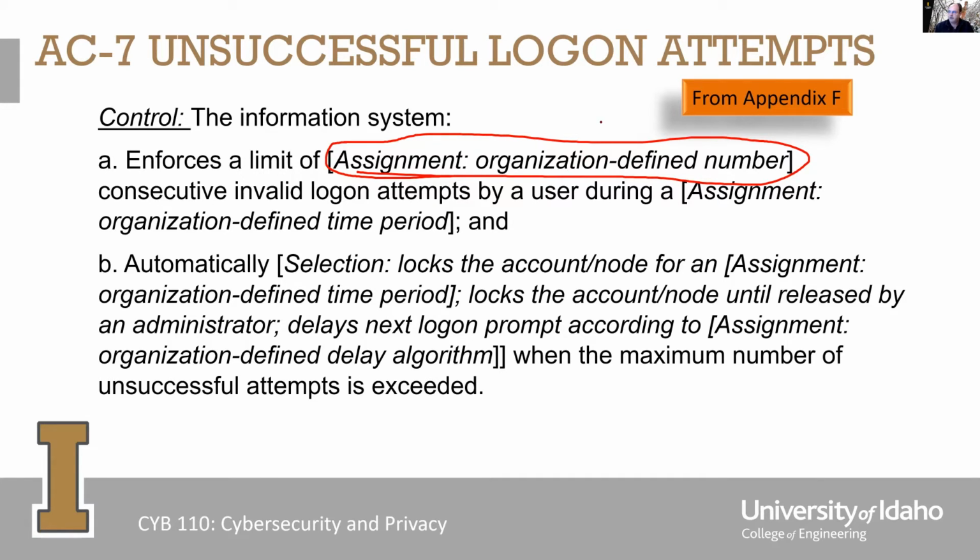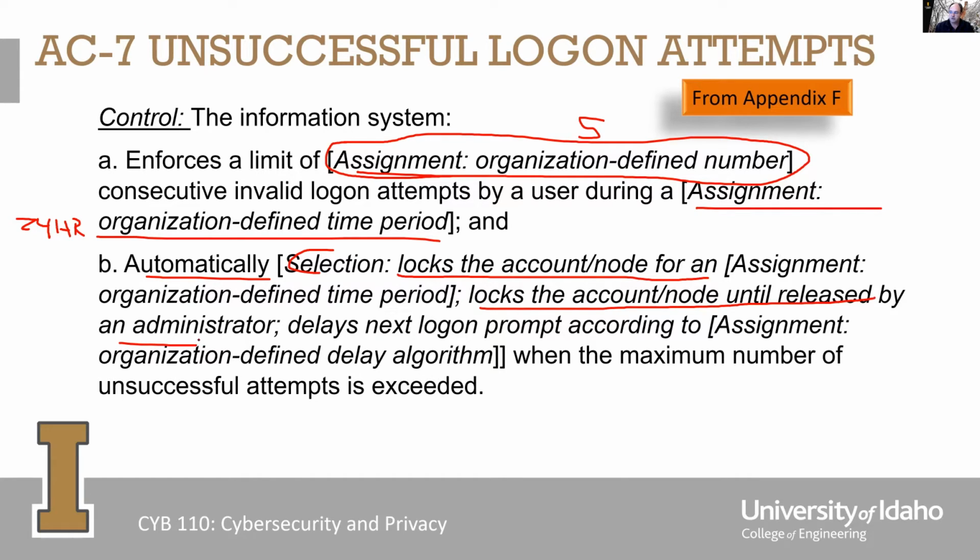So maybe we defined 5. We have 5 consecutive invalid login attempts by a user during what time period? Maybe 24 hours? And we automatically, so it's automatically, can't be manual, no user intervention, we select something. We either lock the account for a time period, like lock it for 24 hours, lock it for an hour, or lock the account until released by an administrator, or delay the next login prompt according to some delay algorithm.